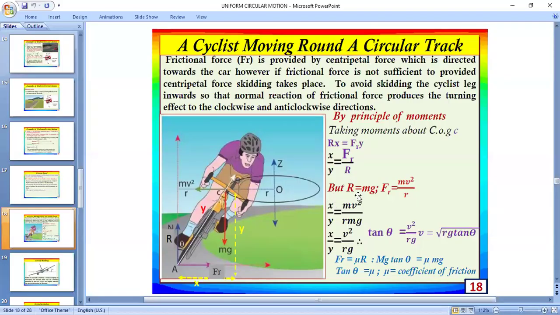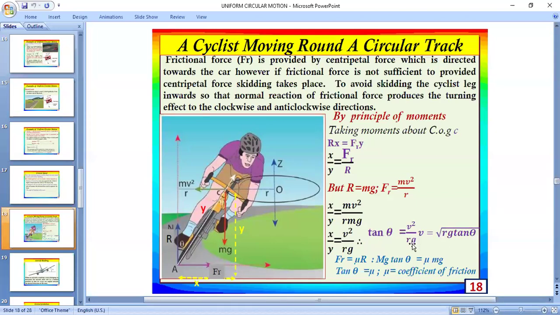And then we know that R is given by mg, reaction force equals to mg, which is weight, and friction force equals to the centripetal force, which is mv squared over R. So dividing friction over R, mv squared over R divided by mg, we get this one. So mass cancels. Then there is an angle here at which this person is bending, theta.